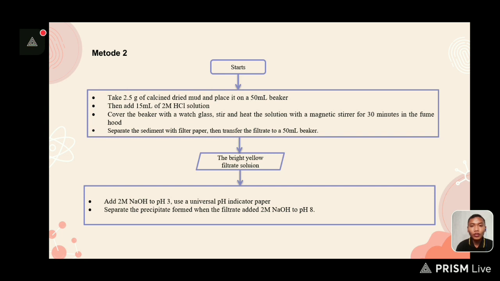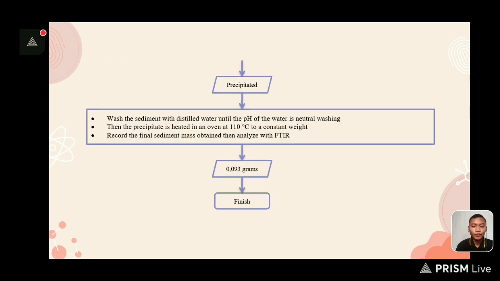Add 2 mol NaOH to pH 3, using universal pH indicator paper. Separate the precipitate formed when the filtrate is added with 2 mol NaOH to pH 8. The product is a precipitate. Wash the sediment with distilled water until the pH of the water is neutral.